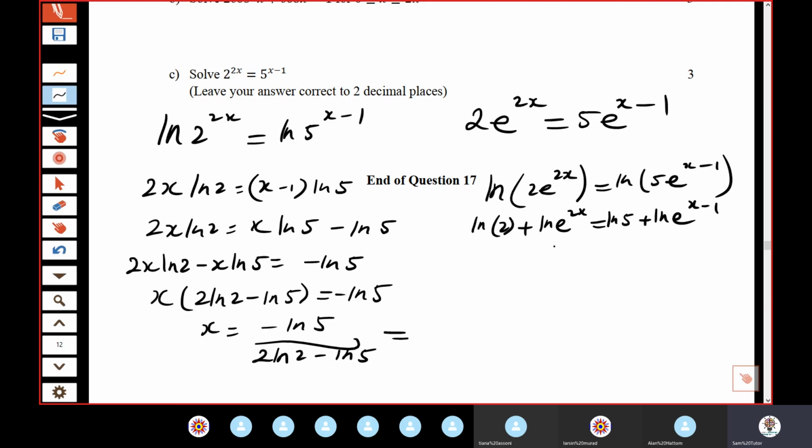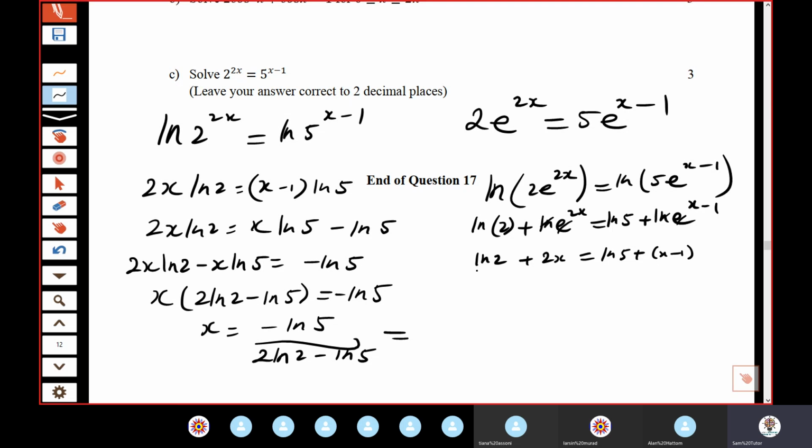At this stage, you know log 2, just leave it. Log e to the 2x, okay, powers can come down, and then log e just cancels out. Equals log 5 plus powers can come down. Log e cancels out.